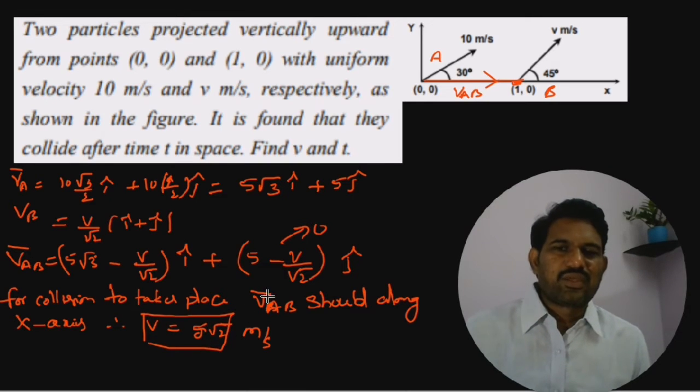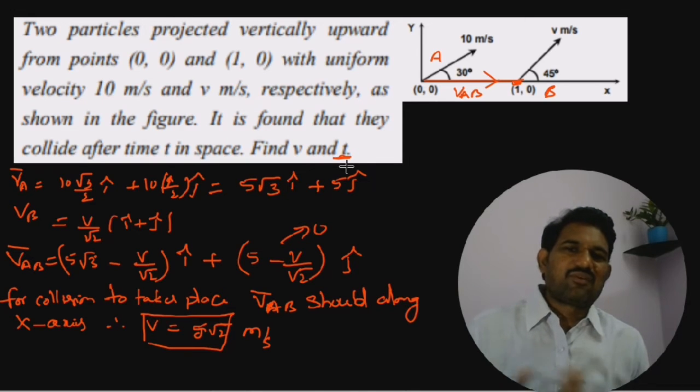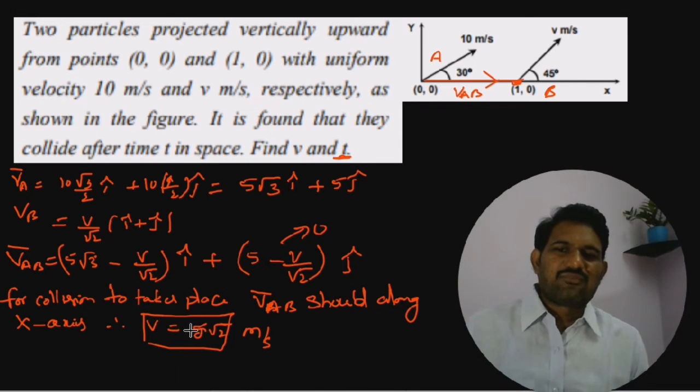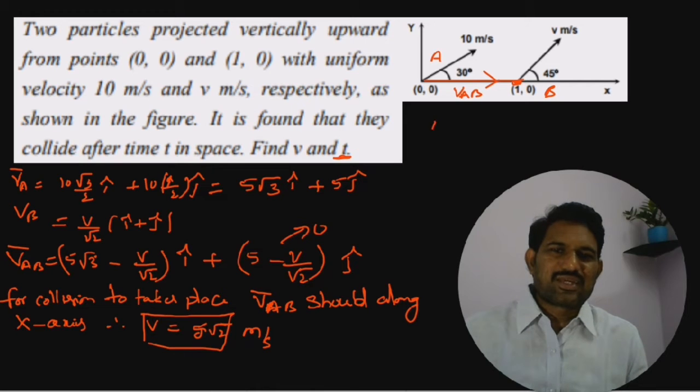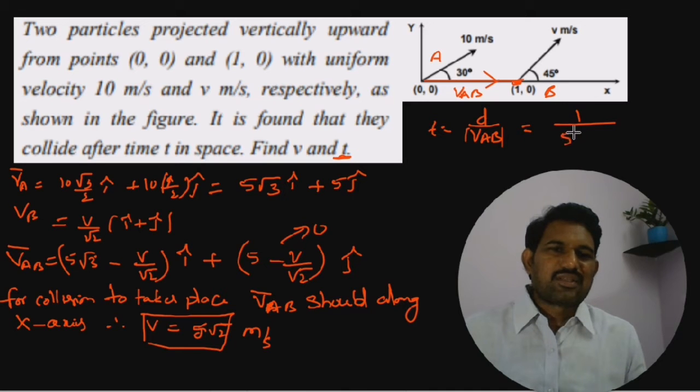And now here if they are asking the time also, the time means the time after which it will happen. So if V is equal to 5 root 2, then you can substitute this value here. Therefore this time taken we can write as the distance between those two particles by the modulus of this relative velocity. So here this is 1 meter distance and this value is nothing but 5 of root 3 minus 1.